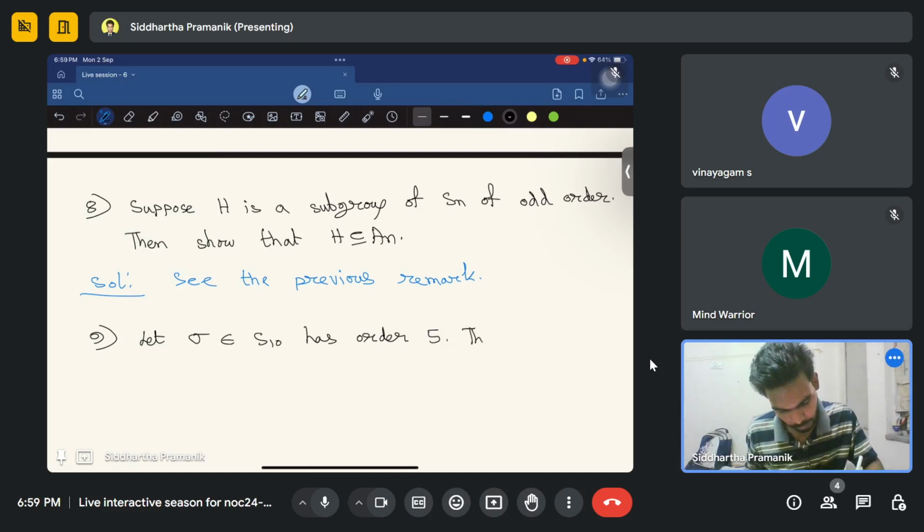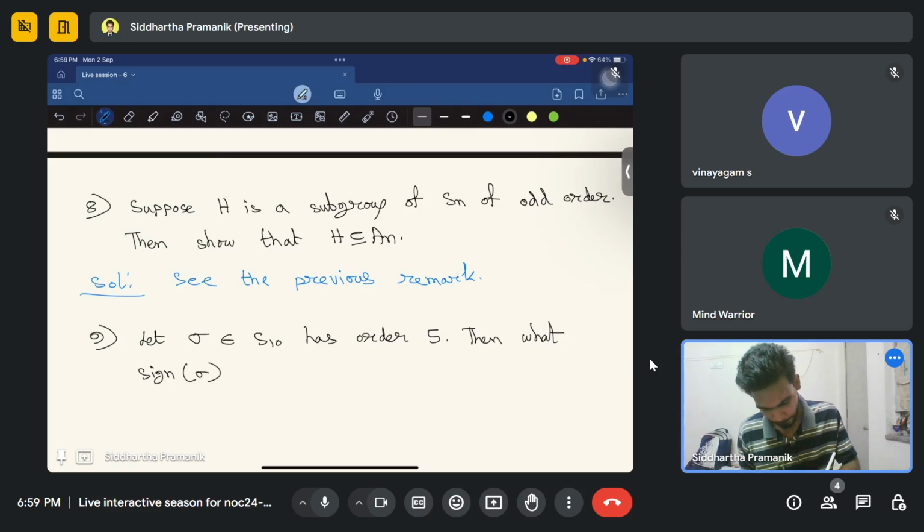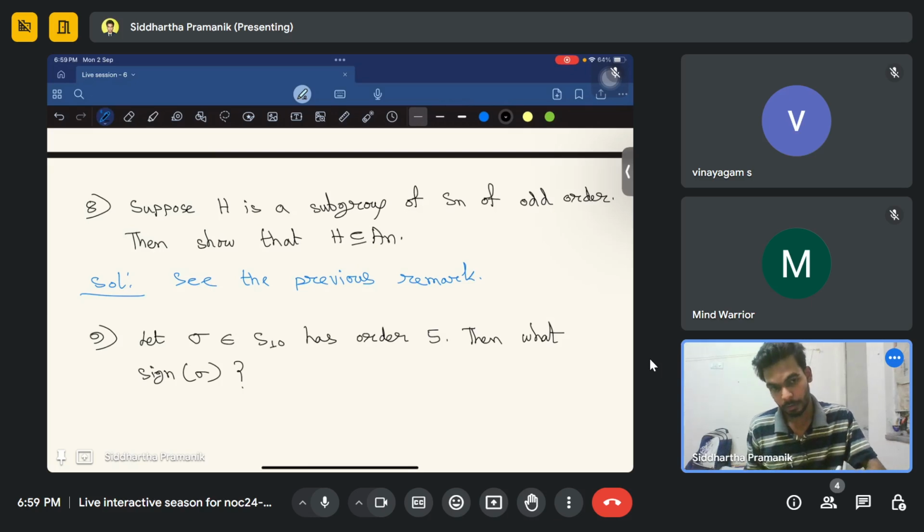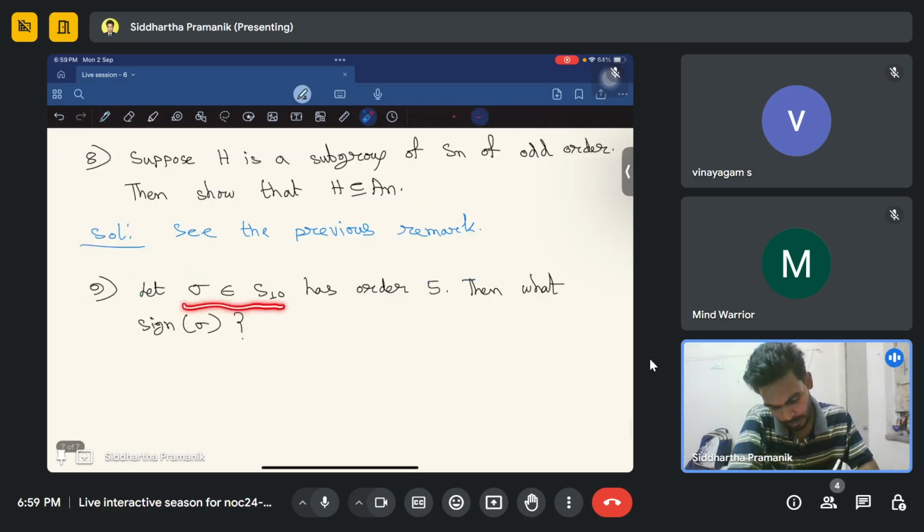Then what is the sign of sigma? Can you do this? So sigma is a permutation in S10 which has order 5. Then what is the sign of sigma?